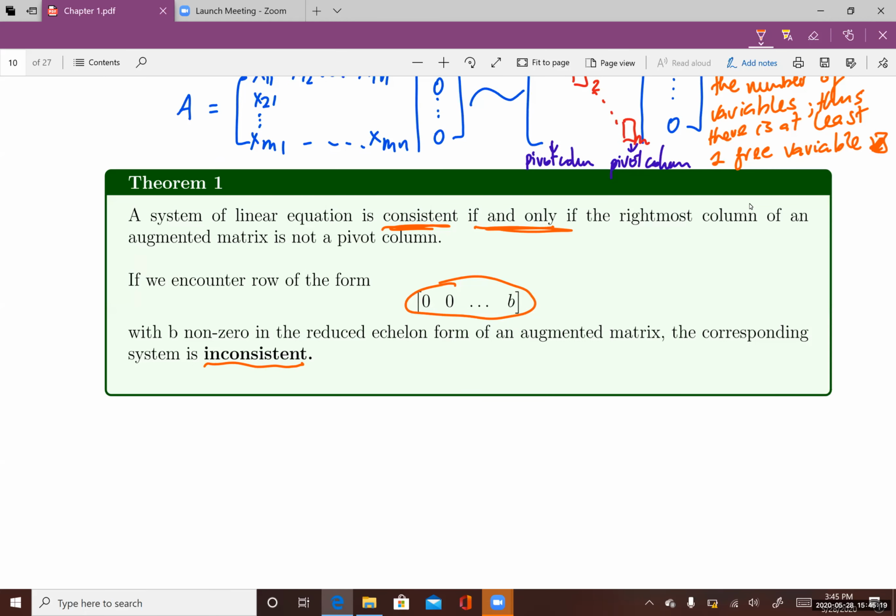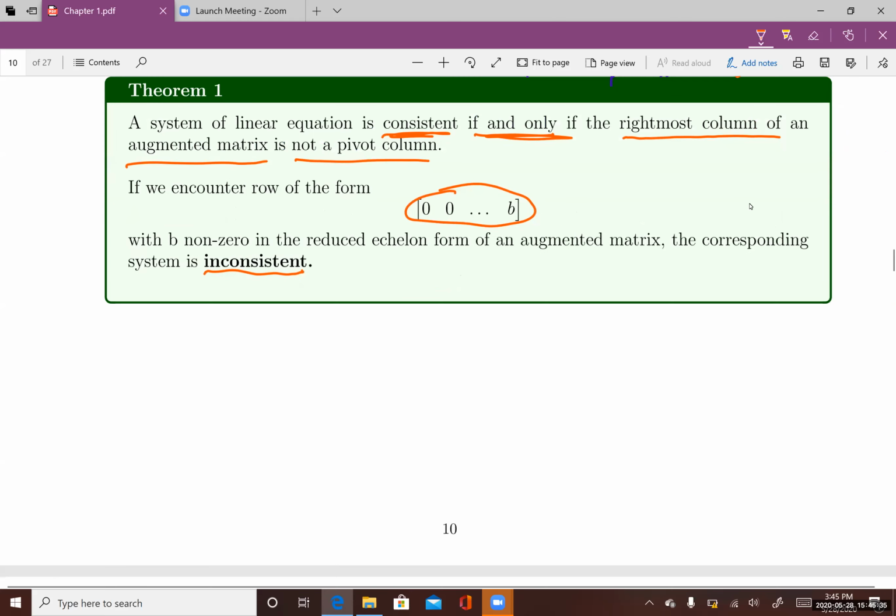And conversely, if the rightmost column of an augmented matrix is not a pivot column, that means the rightmost column should never be a pivot column, then the system will be consistent. An example to illustrate that theorem is here.